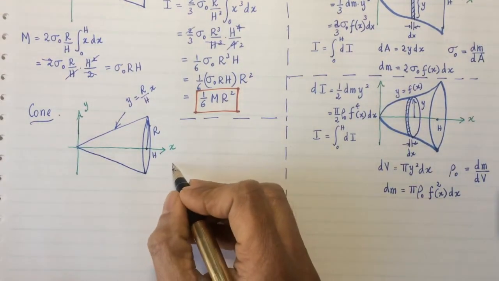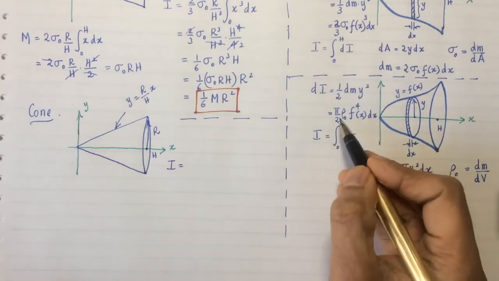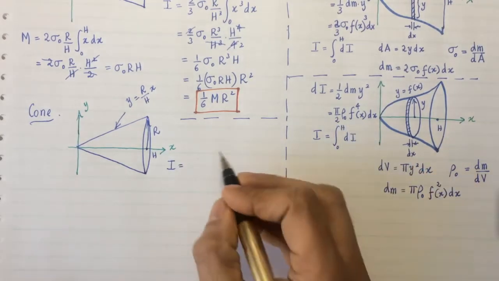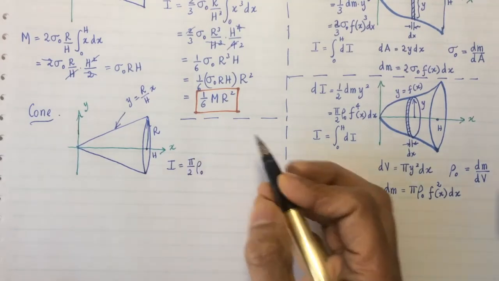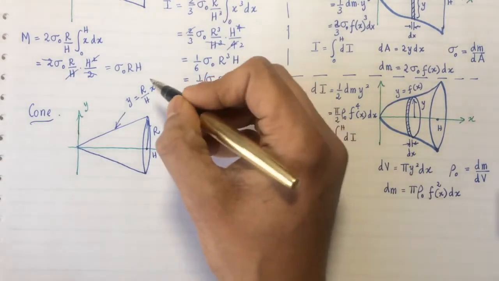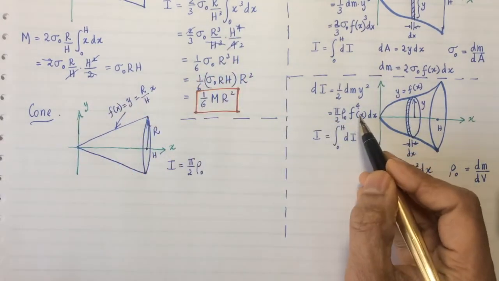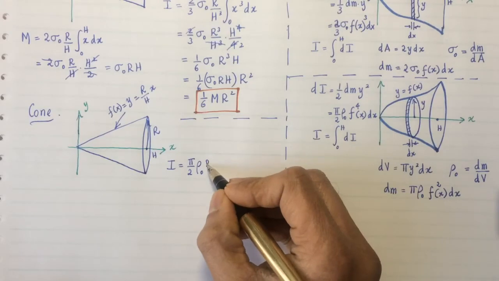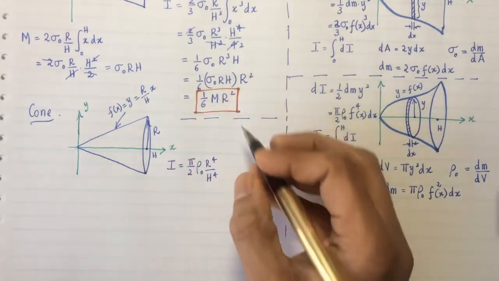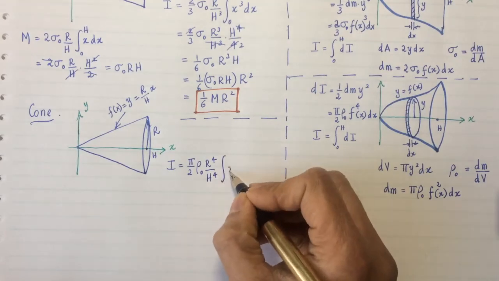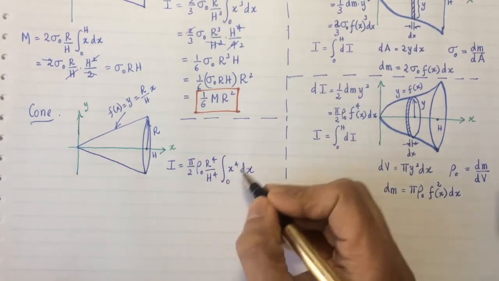The moment of inertia I, from this, I can take pi over 2 rho naught outside. That's the function of x here. When I raise that to the fourth power, I'm going to get r to the 4 over h to the 4 outside, leaving me with just x to the 4 inside the integral sign from 0 to h.